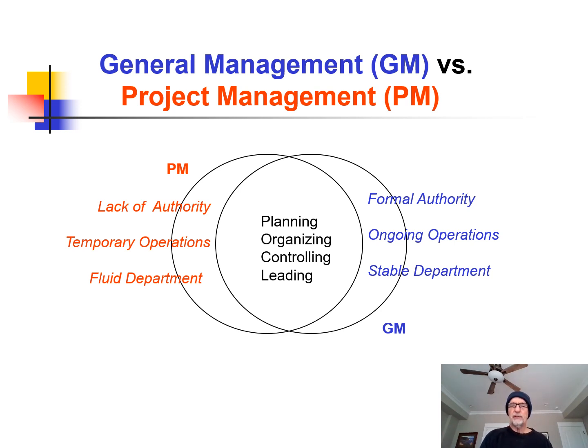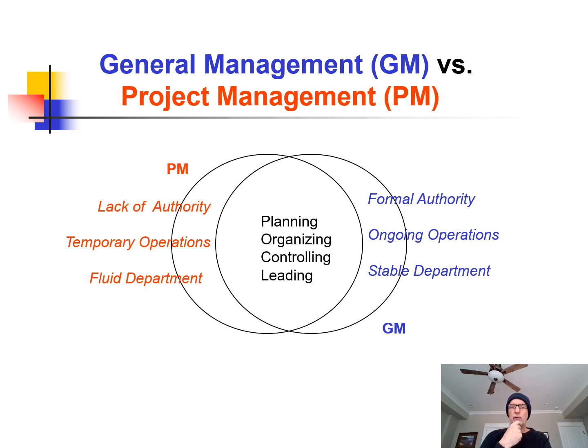But there are some differences, and to illustrate the differences, I put 3 functions here from general management in blue, and then 3 from project management in red. And let's take a finance department. So you have a chief financial officer. That person is part of general management and has formal authority for all things financial in an organization.